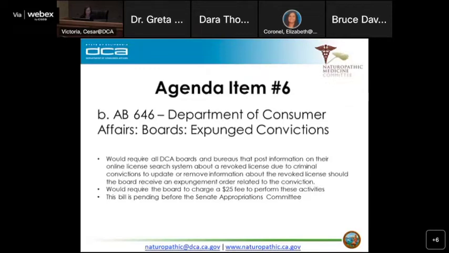So just to review, this is the one where if a conviction has been expunged over time, it is no longer listed on the profile of the licensee. Is that correct? Right. So just for example, if we had a licensee that had a criminal conviction and we took action on their license based on that criminal conviction, if that criminal conviction that we took action on was expunged, we would have to, at that point, remove that information off of the website and not act upon that as if it never happened.